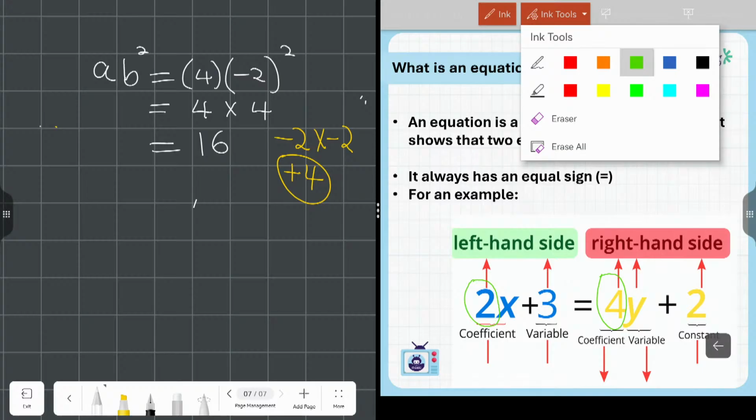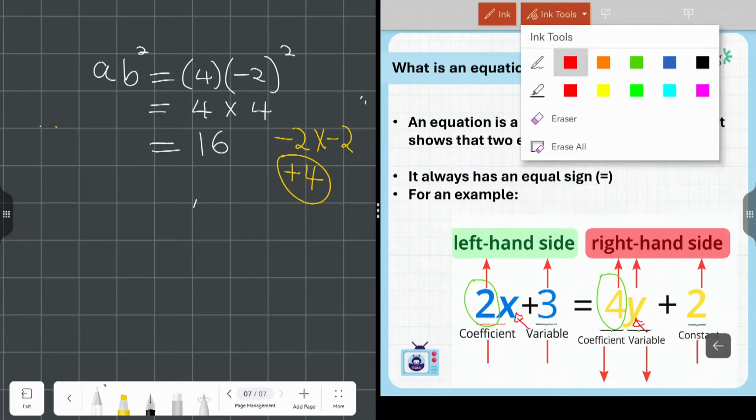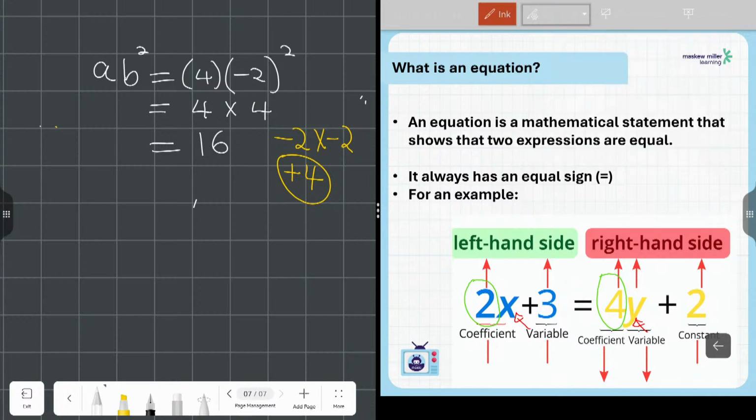And then if you have a variable, when we use an alphabet letter, in this case we have x and y, we call these variables. So this x is our variable and this y is our variable. So that's what it's all about. Again, if we have just a number, that particular number, we call it a coefficient.